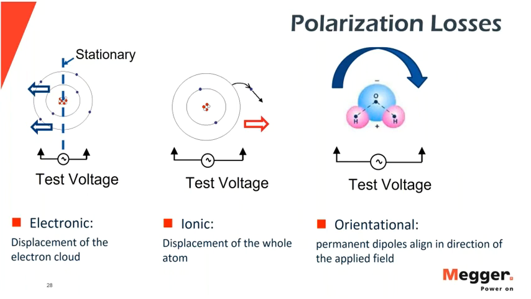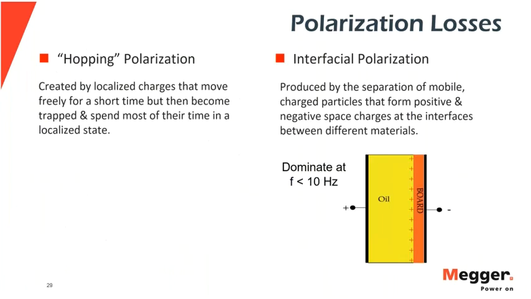And then lastly, orientational is where you have a permanent dipole, and on application of the electric field, they want to rotate and align in the direction of the applied field, and that rotational movement is, again, opposed by inertia, so work has to take place in order for that movement to occur. Those are kinds of examples of polarization losses that you measure when you apply voltage to material.